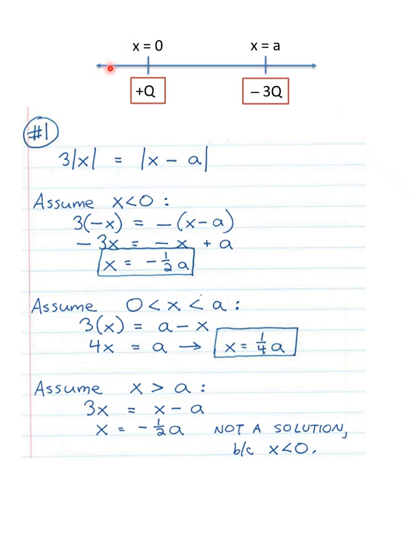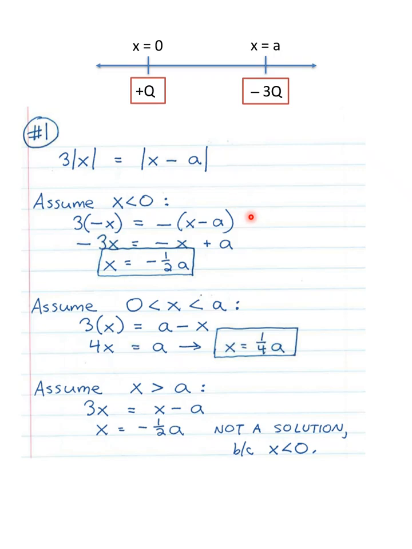So let's assume that x is over here, at x is less than 0. Then in that case, we have 3 times the opposite of x. Now, why do I say the opposite of x? Let's say that x is negative 5. Well, the equation we're using says it should be 5. We're taking the absolute value. So if x is negative, it's going to be 3 times the opposite of x equals the opposite of x minus a.